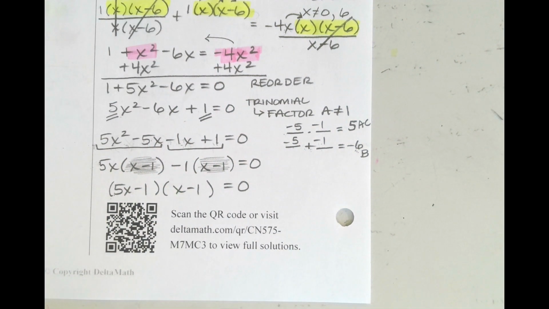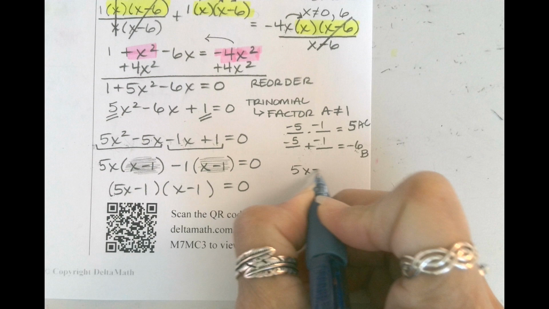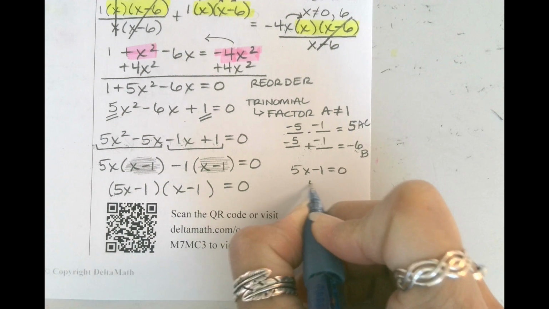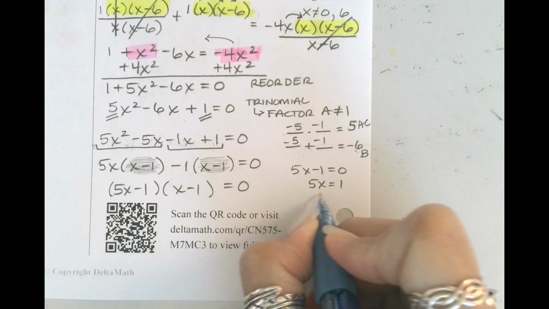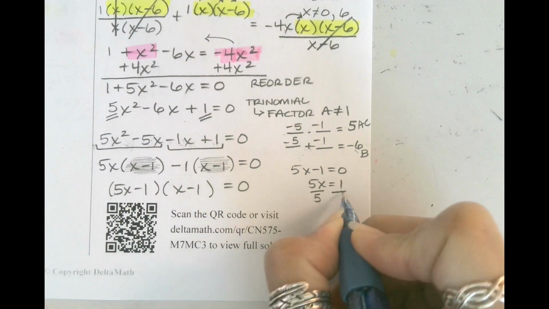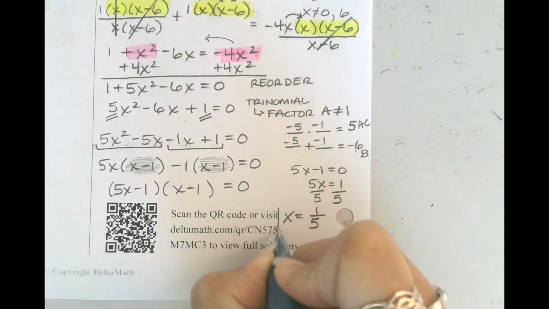And now you are done, so solve your factors for x. If I set this equal to 0 and solve, some people need to write it out, and some people are doing it in their head already. I set it equal to 0, add 1 on both sides, divide by 5. So x equals 1/5 is my first x.